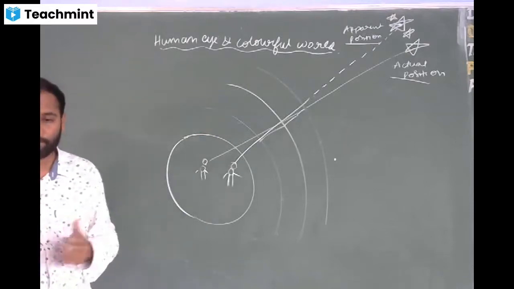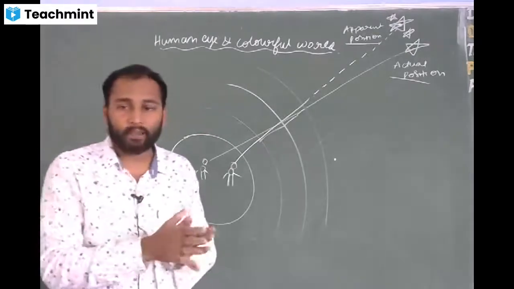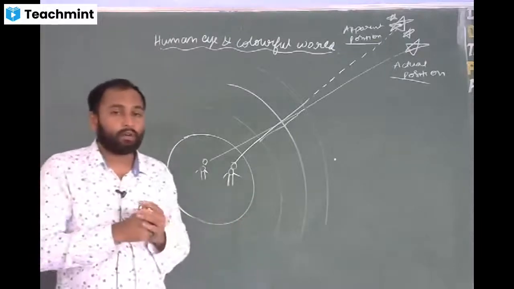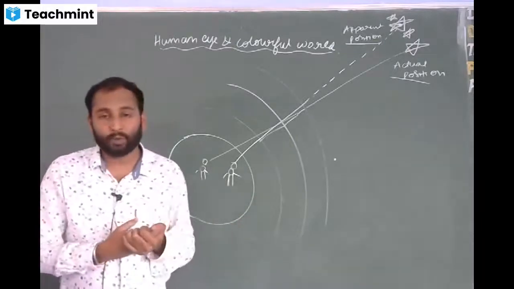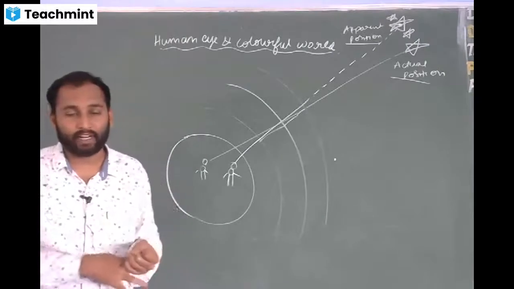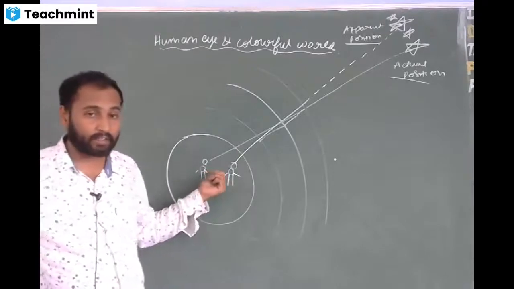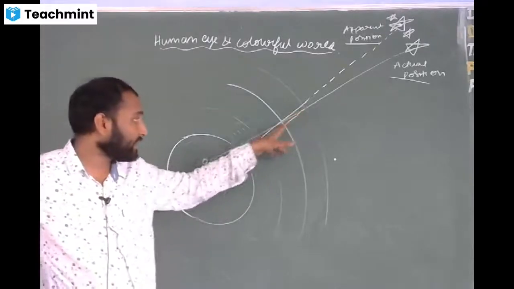Okay, I will repeat it once again. Why do the stars twinkle? The twinkling of a star is mainly due to atmospheric refraction. The starlight, on entering Earth's atmosphere, undergoes refraction several times.